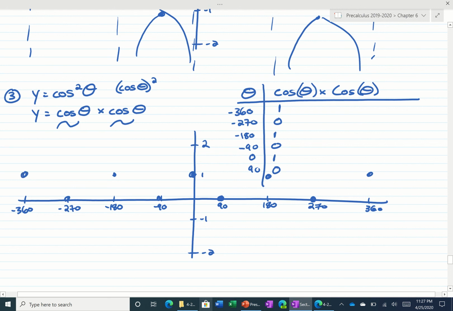Just to kind of make sure, if we plug in 45 degrees, it's going to be 0.5. Negative 45 degrees, that's 0.5. Yeah, so it looks like we just kind of have a wave. All right, not a big deal.